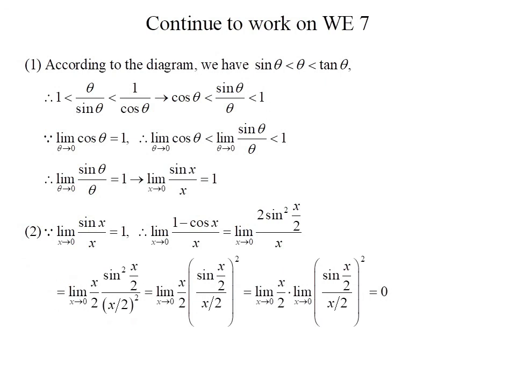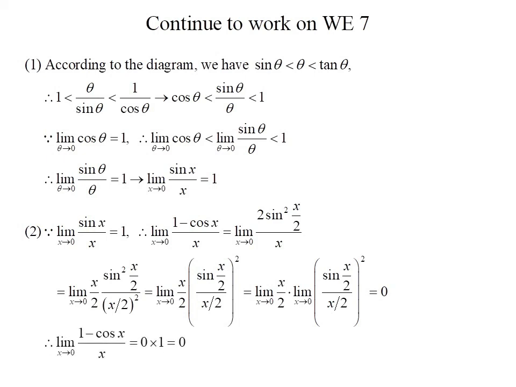Hence the limit is simplified to the limit of (x over 2) times the square of [sine (x over 2) over (x over 2)] as x approaches 0, which is further simplified to the limit of x over 2 as x approaches 0 times the limit of [sine (x over 2) over (x over 2)] squared as x approaches 0.